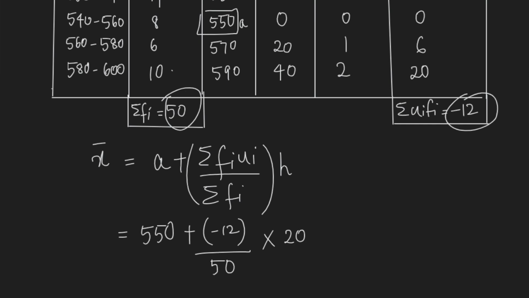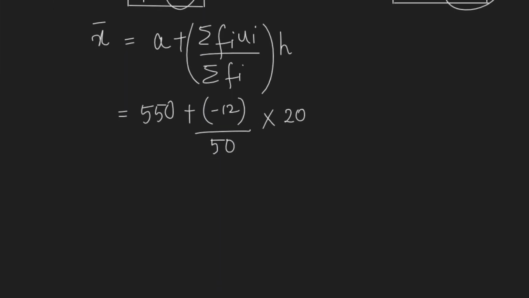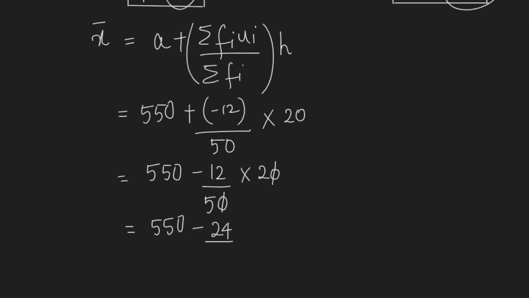Here it is 20. So we'll simplify this. We get 550 plus negative 12 divided by 50, multiplied by 20. You can cancel this 0 with this 0. We get 550 minus 12 times 2 is 24 divided by 5.